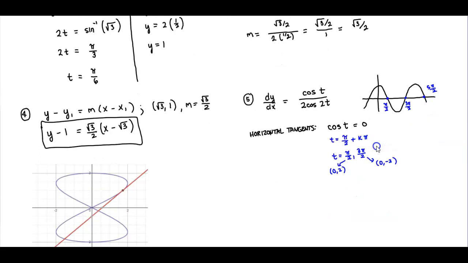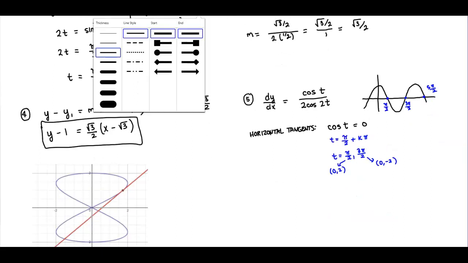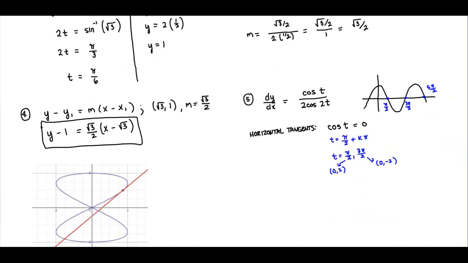Now, let's take a look at the vertical tangents. The vertical tangents means that we need to take the denominator of the derivative, which is 2 times the cosine of 2t, and we're going to set that equal to 0.